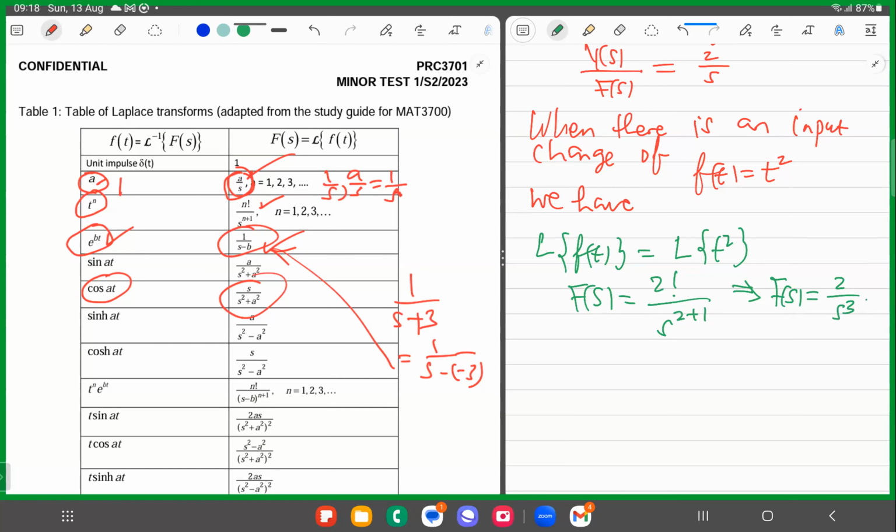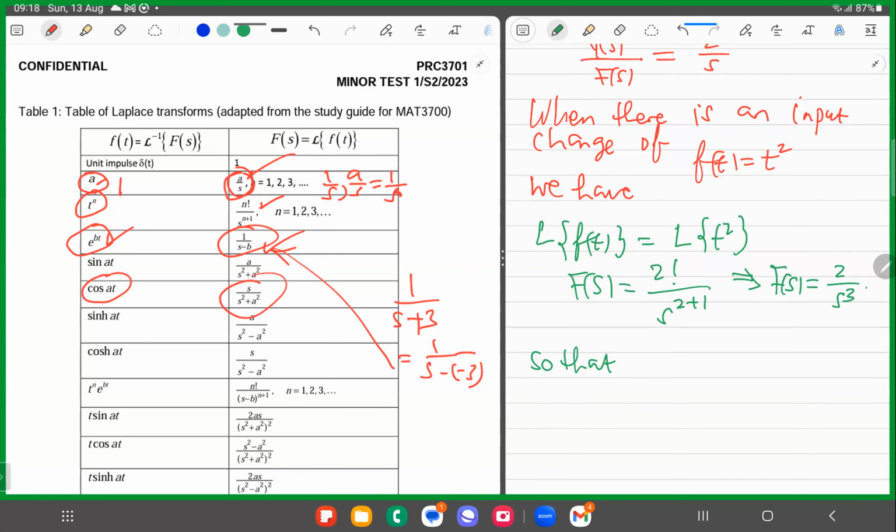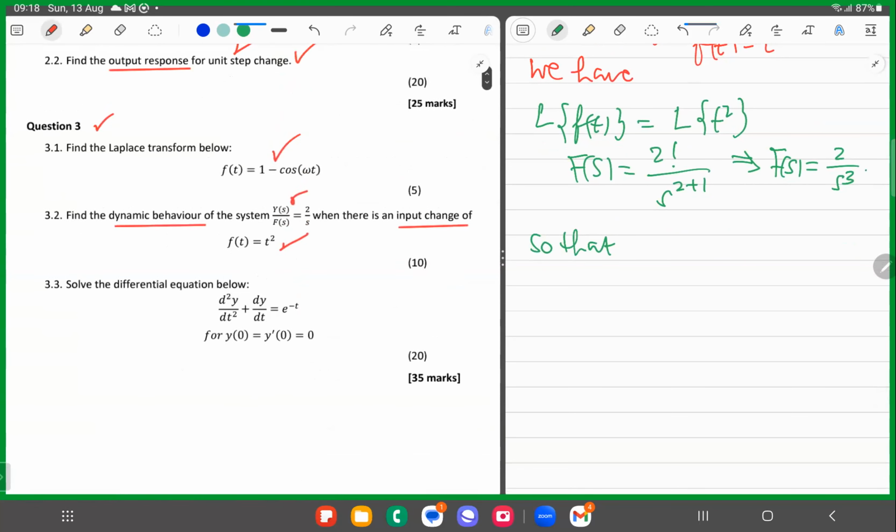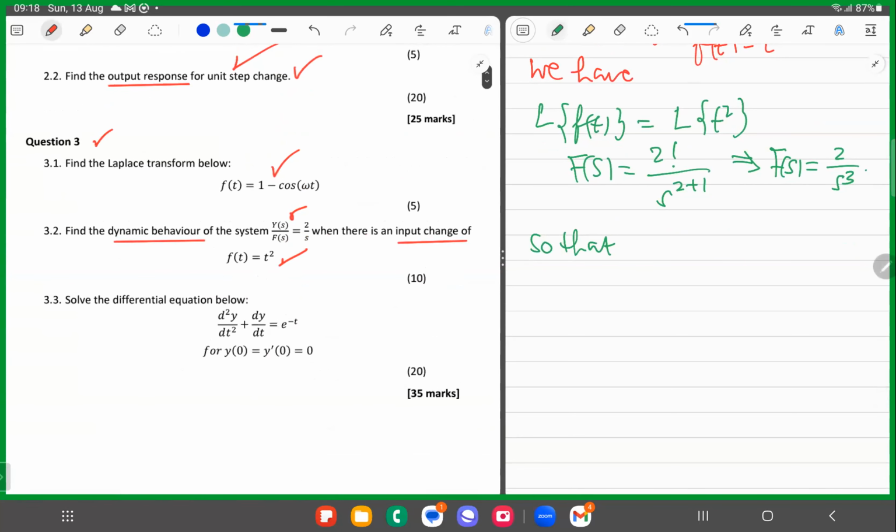So we have got F of s, so that for the dynamic behavior, we come to this equation. It says Y of s divided by F of s is equal to T of s.